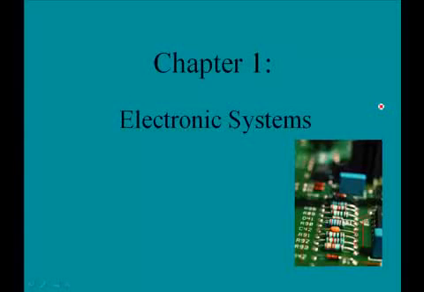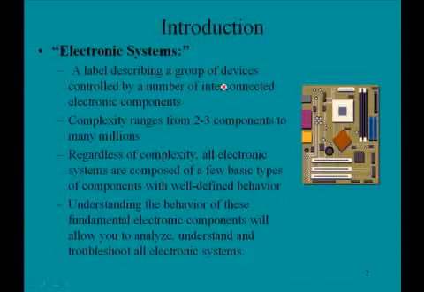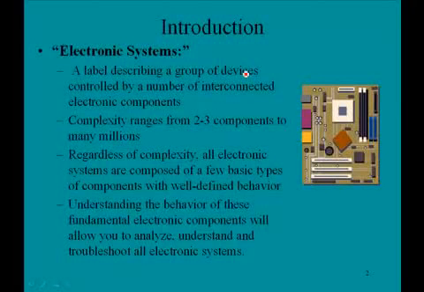Let's get started. Here we are in Chapter 1, and your text starts out with a discussion of electronic systems. And the first thing that it addresses is, well, what is an electronic system? And it has a brief definition.